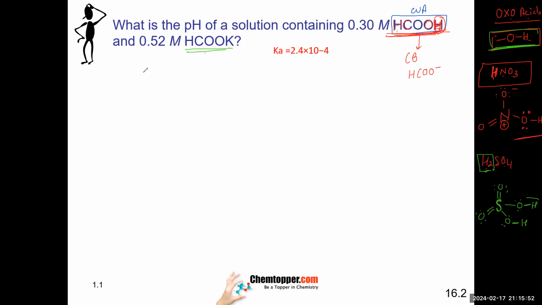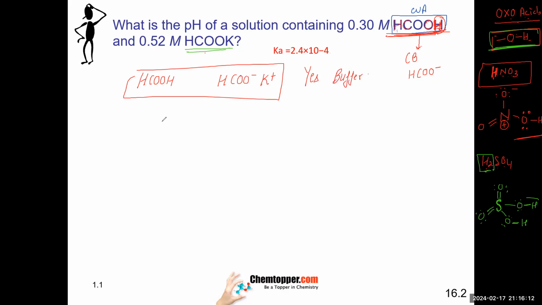So we have a weak acid HCOOH and we have its conjugate base HCOO minus K plus, right? Is it a buffer, children? Yes, it's a buffer. Can I use the Henderson equation? Yes, I can use the Henderson equation to know the pH.